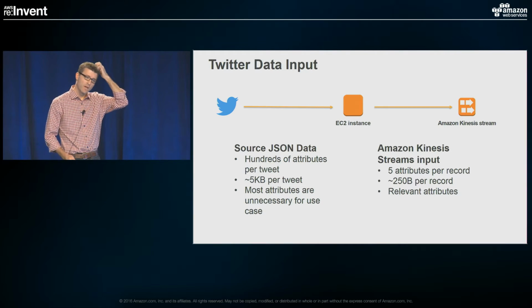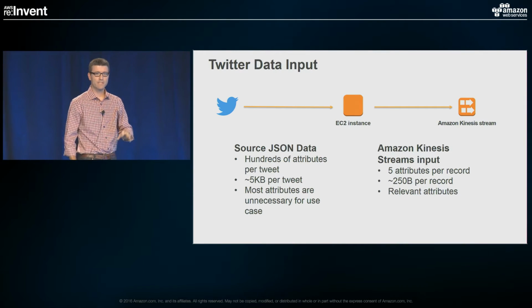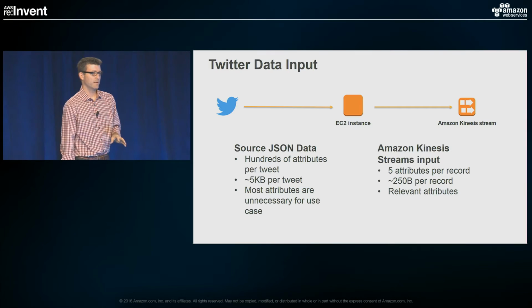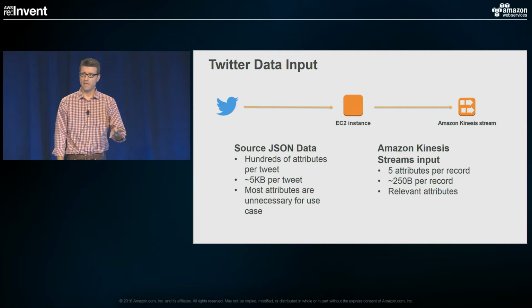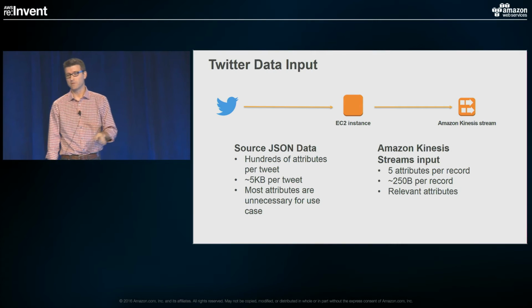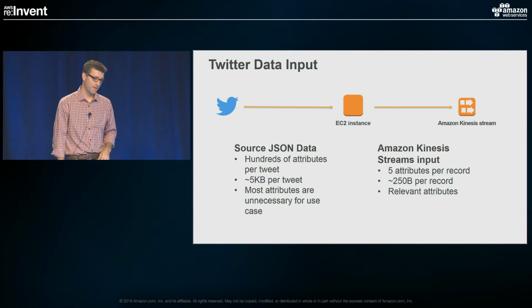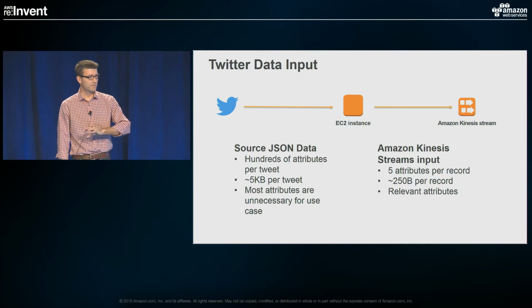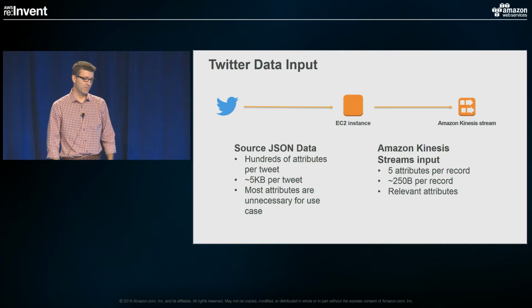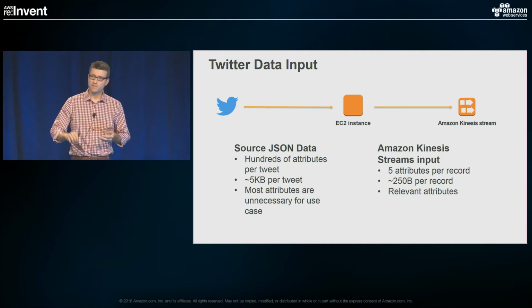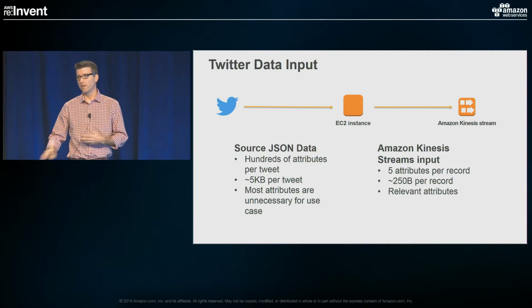In this scenario, I'm still getting some dirty data. I've asked for all kinds of sports data, but in my use case, given the criteria, I only care about the NHL teams. So I'm still getting some noise. The EC2 instance here in the middle is going to do a bit of filtering. It's going to ask for only some limited sets of data, and it's also going to get rid of some of the data that I know I don't care about in my application.